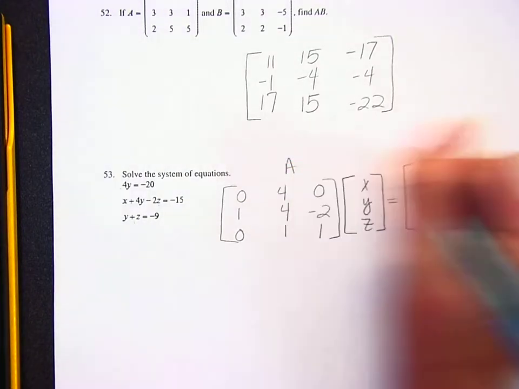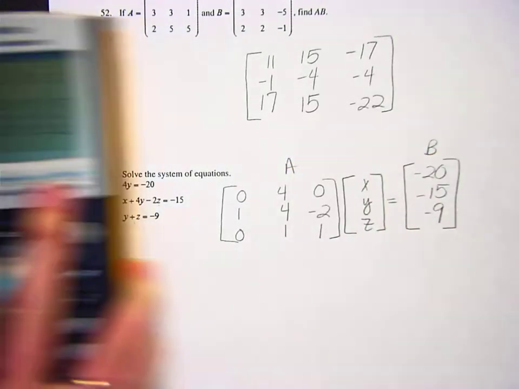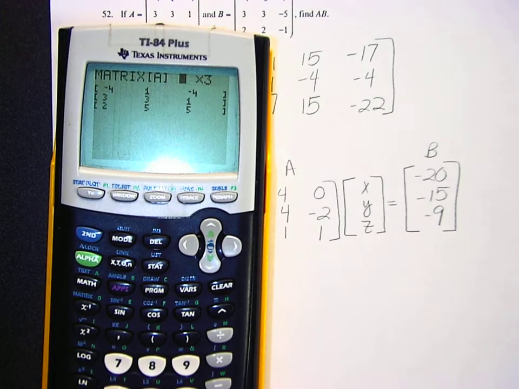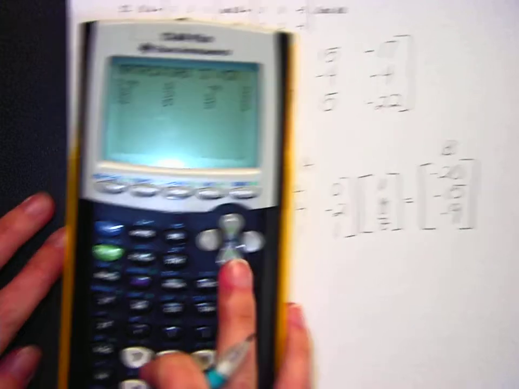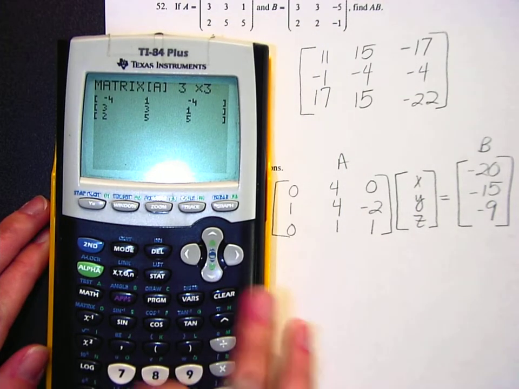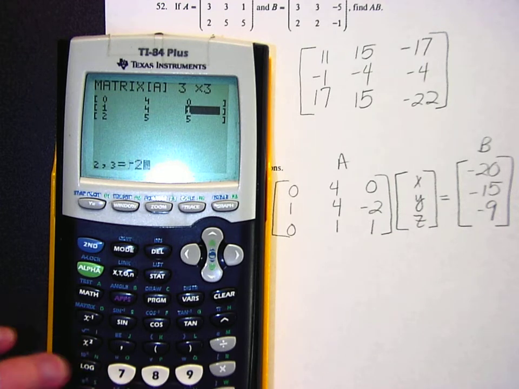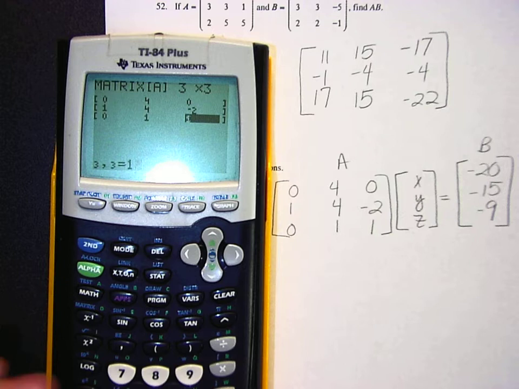All right, so I can enter that one into A and this one into B. So second matrix, and I'm going to edit A, and it's still a 3 by 3 matrix. That way you can see it. So that's going to be 0, 4, 0, and 1, 4, negative 2, and 0, 1, and 1.